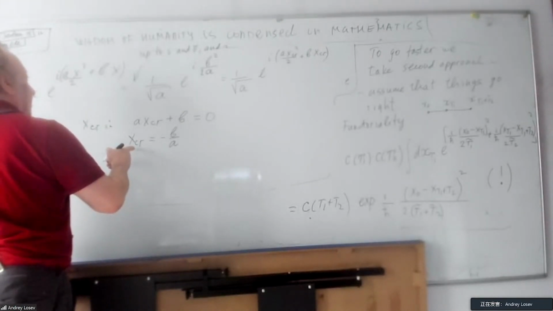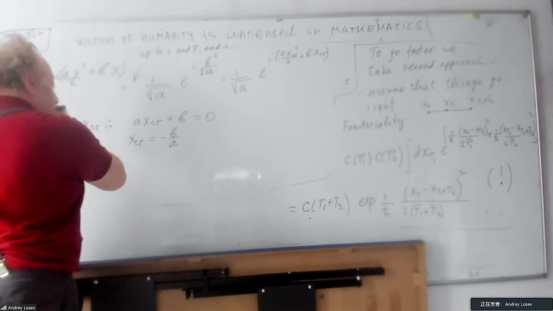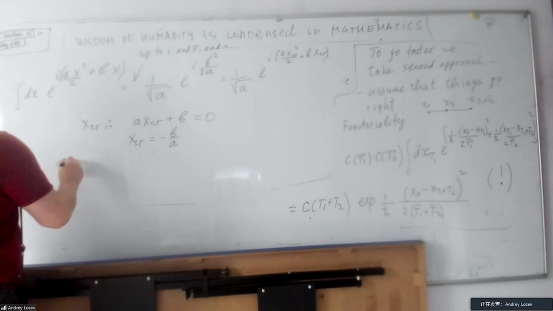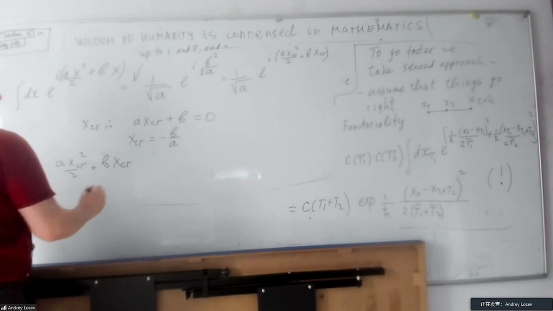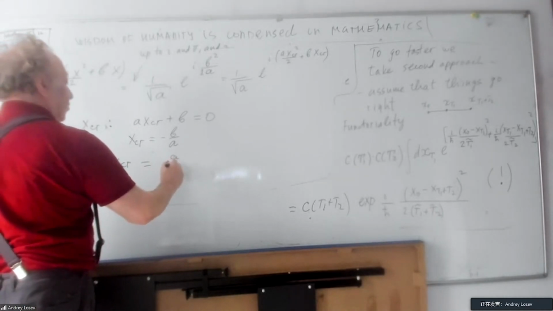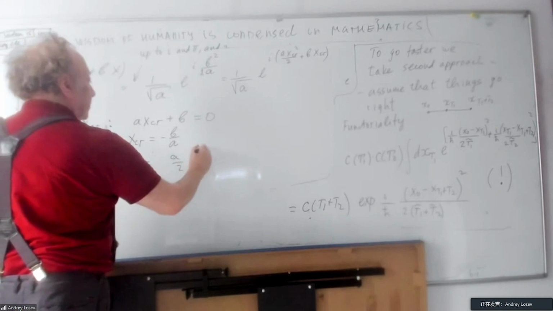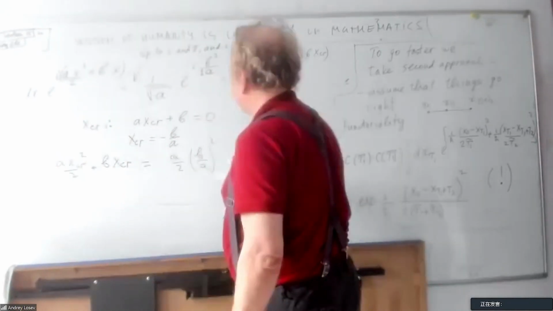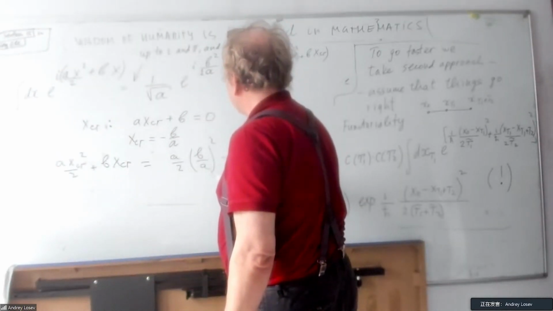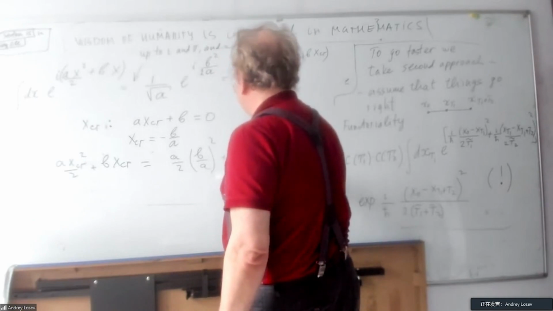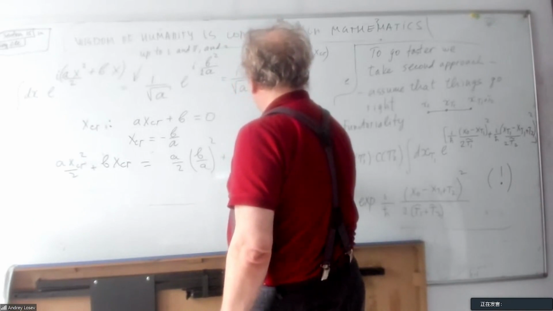And if I plug this x critical here, I will get a x critical squared over 2 plus b x critical equals a over 2 times (b over a) squared, plus b times minus b over a.